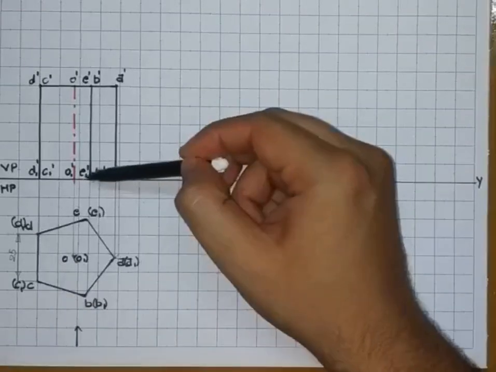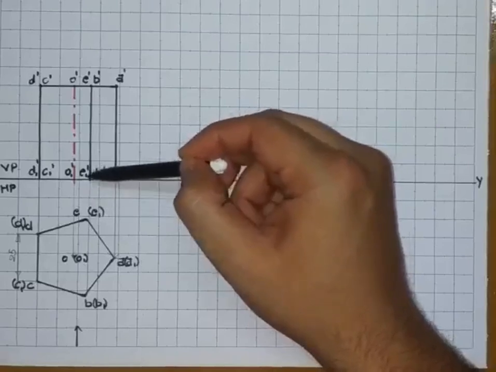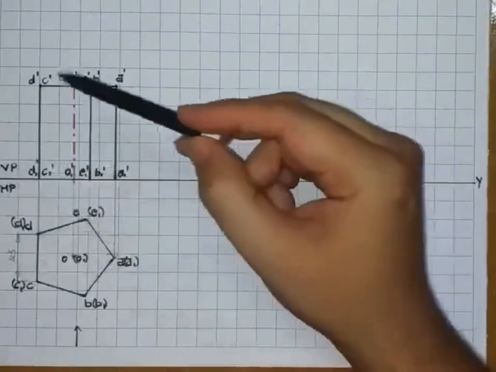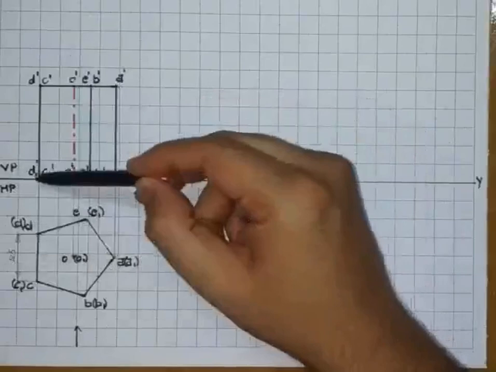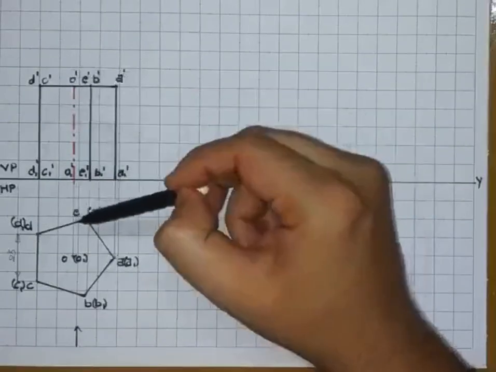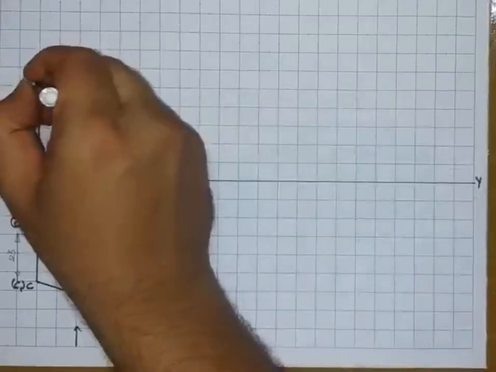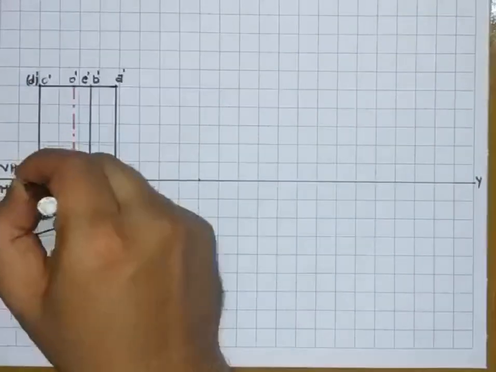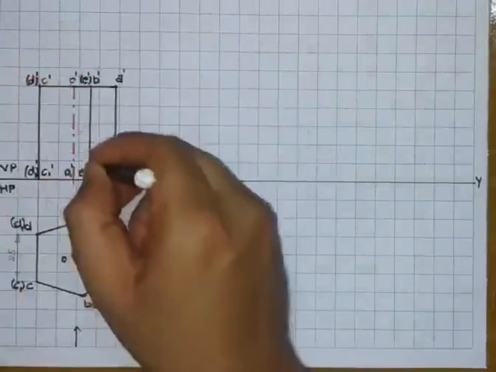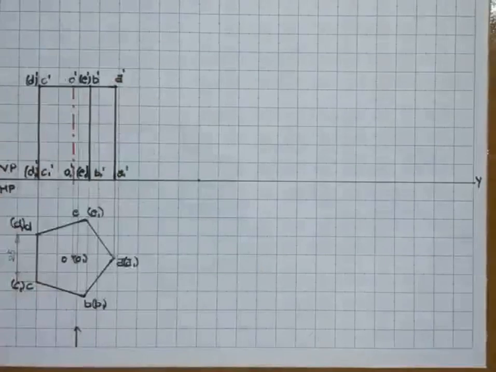The slant edges E to E1 and D to D1 are invisible, but they are hidden by the visible edges C to C1 and B to B1. To indicate that E1 and D1 are invisible, I am going to keep D and D1 dash, E and E1 dash within the bracket, which indicates that the edges are invisible.